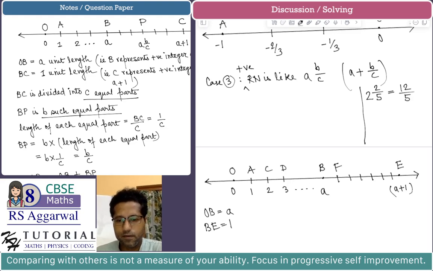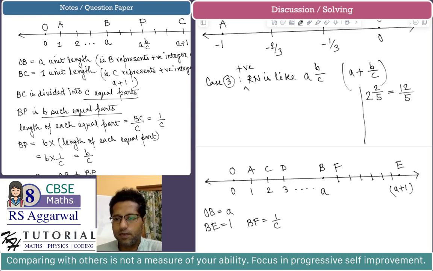So definitely we have BF equal to 1 by c. BE is of length 1, and we have divided the segment BE into c equal parts, and BF is one such equal part. So BF will definitely be 1 by c.